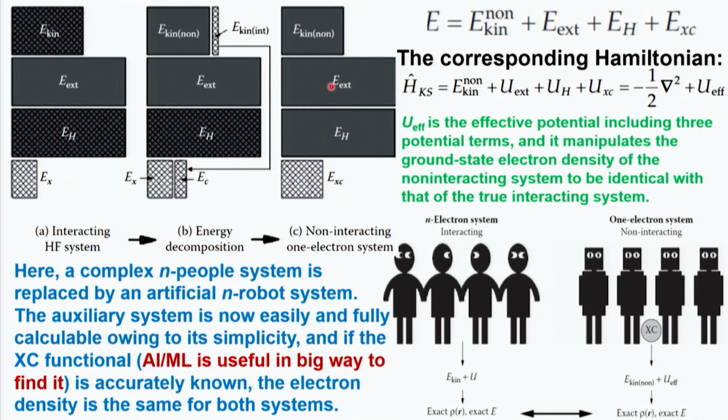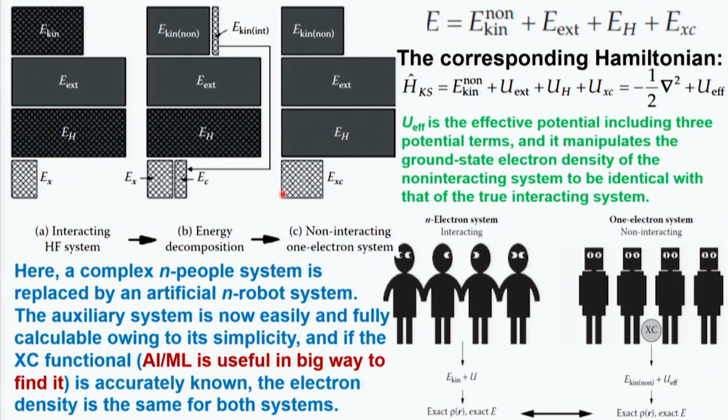The non-interacting terms we can easily find, but the only problem is the interacting, the exchange correlation energy. Okay. So, that's why we can also write the corresponding Hamiltonian operator: the non-interacting kinetic energy, the external energy operator, then the operator for the Coulombic energy, and also the operator for the exchange energy.